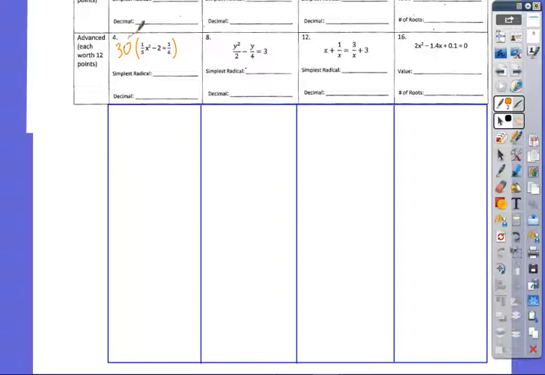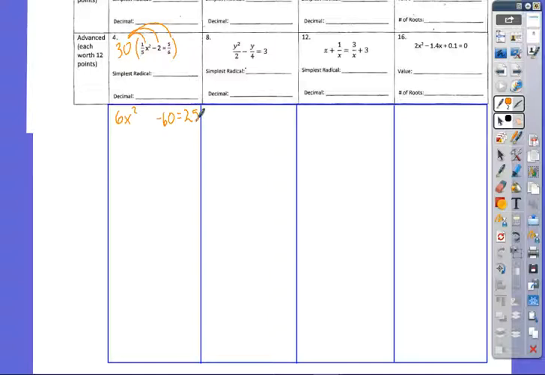So 30 times 1/5 x squared, well, 30 divided by 5 is 6, so I end up with 6x squared. 30 times -2 is clearly -60. And 30 times 5/6, well, 30 divided by 6 is 5, and 5 times 5 is 25.